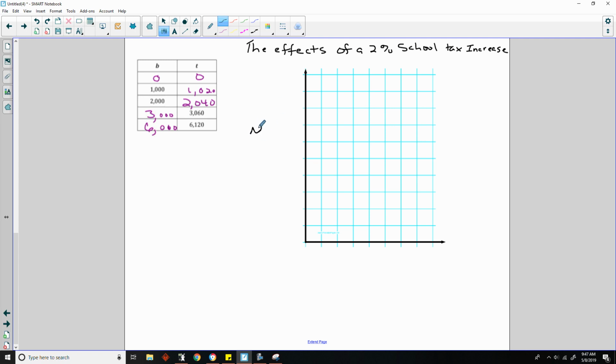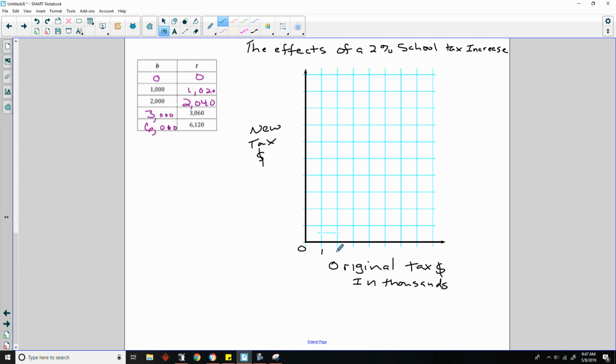So over on this side, this is new tax in dollars, and down here is the original tax in dollars. So the origin obviously is 0, and this I'm going to put down here in thousands. That way I don't have to write 1,000 every time.